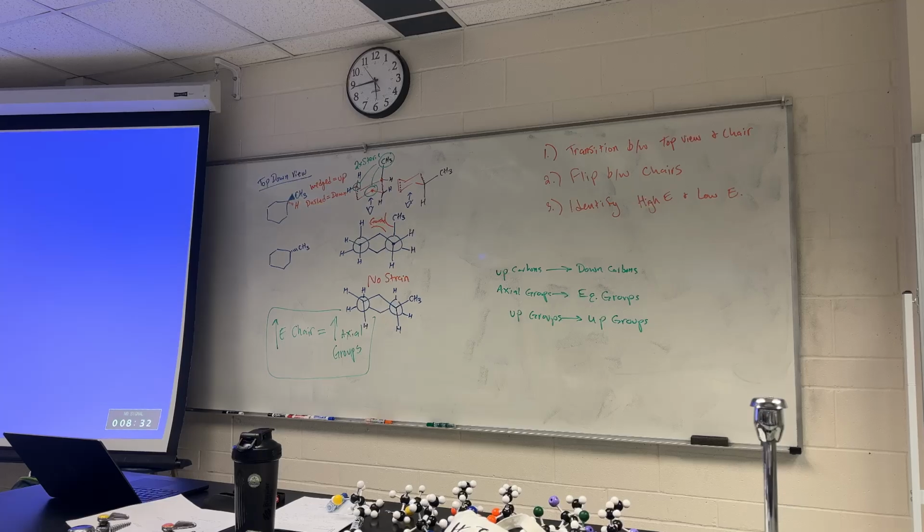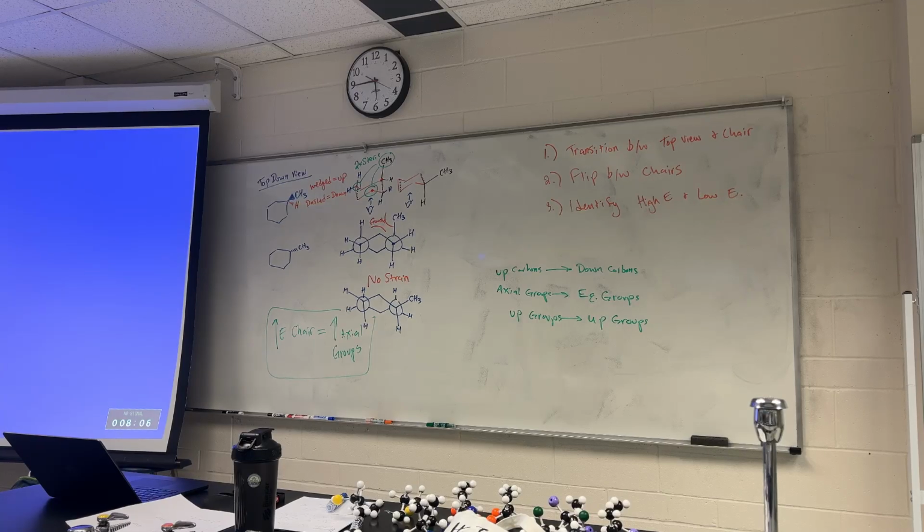Follow it from the chair. Is it going to go to the top of the page or the bottom of the page? I think that's the top of your page, isn't it? Yeah. Up. Axial or equatorial? Axial will be straight up and down. Is it straight up and down?